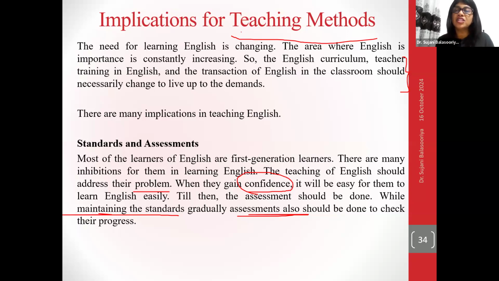They think that English is different and it is difficult. It is an outsider's language. It's not something of our own. And this kind of attitude blocks them in learning English conveniently. So they lack the confidence.